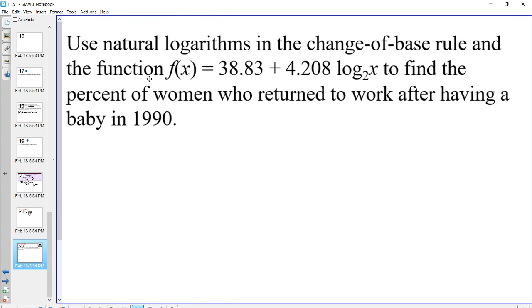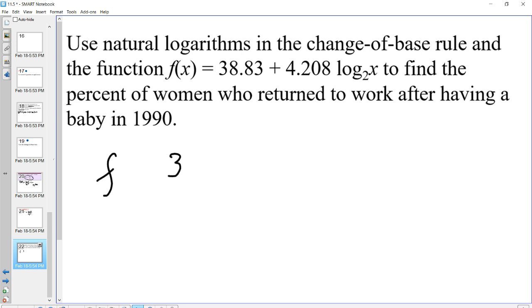All right, so let's take a look at this. Use natural logarithms in the base change formula, and the function f of x is equal to 38.83 plus 4.208 log base 2 of x, to find the percent of women who return to work after having a baby in 1990. So again, very simple here.